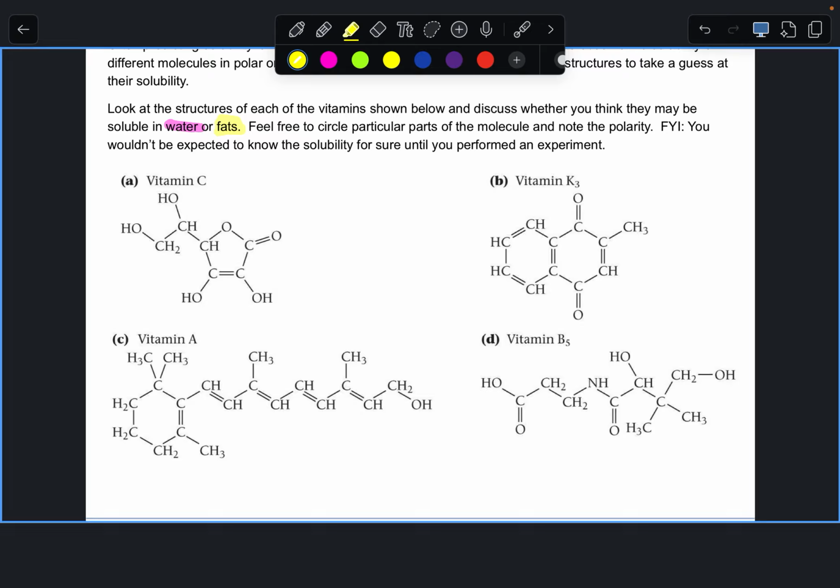So to help you along in this, if you're stuck at all, I'm just going to highlight the portions of each molecule that would exhibit some polarity.